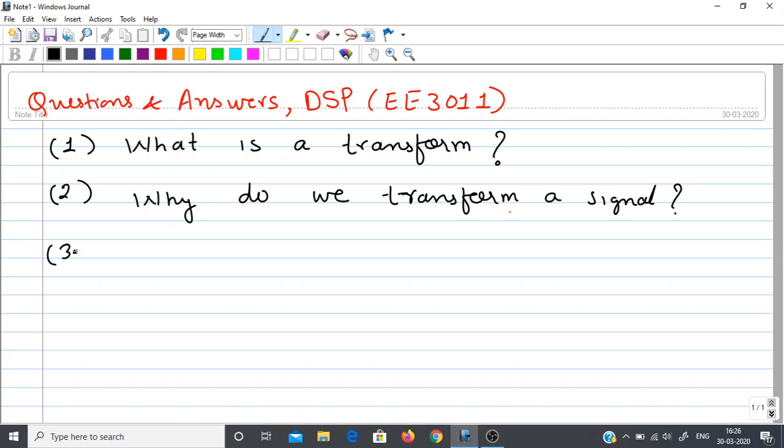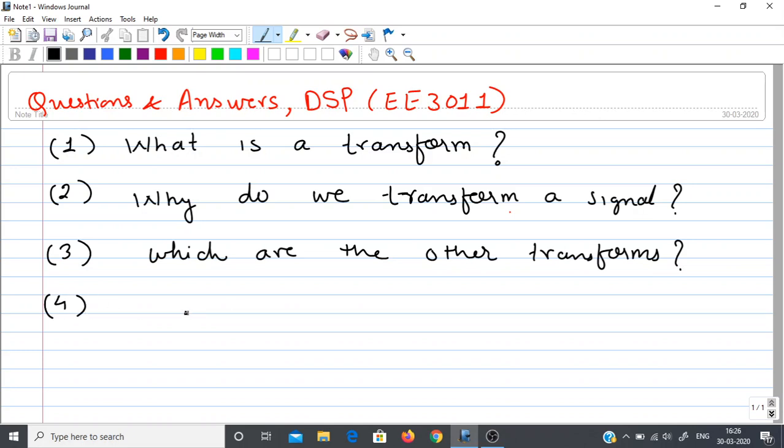And the next question asked is, which are the other transforms? Others means other than Z transform. And last question which is asked is, how many transforms are possible?